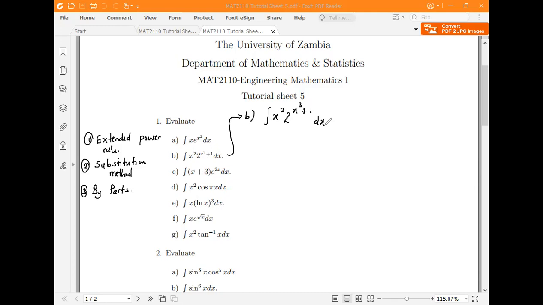You look at it again and say, okay, it's x squared, but then it is an exponential, 2 to the power x to the power 3 plus 1.